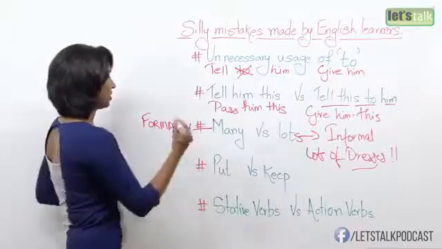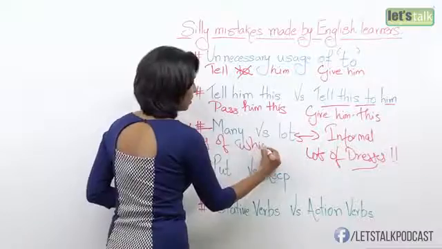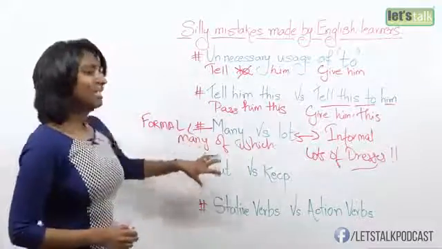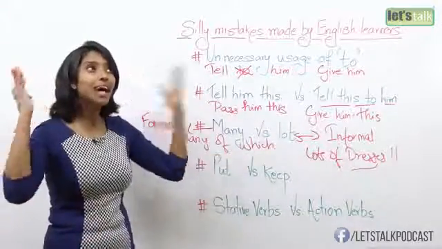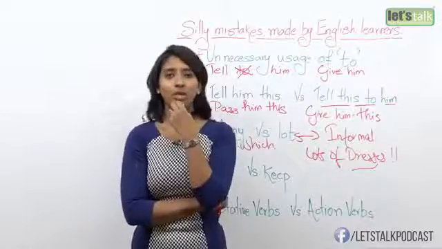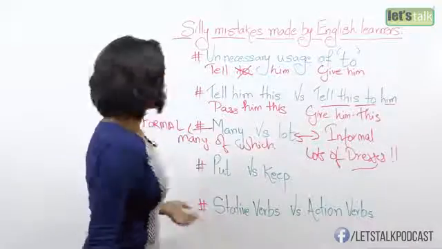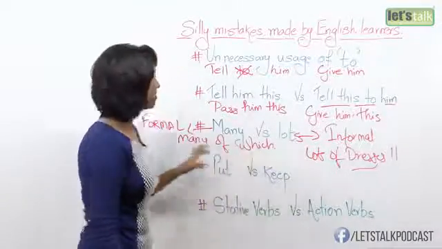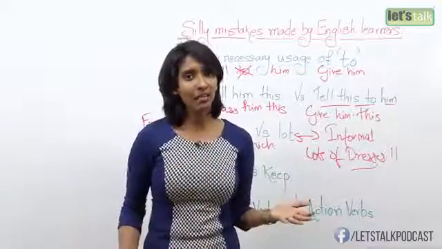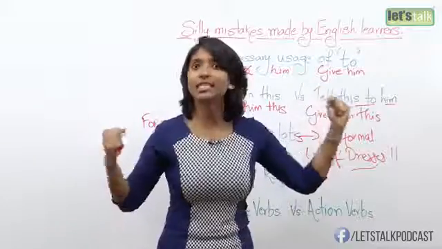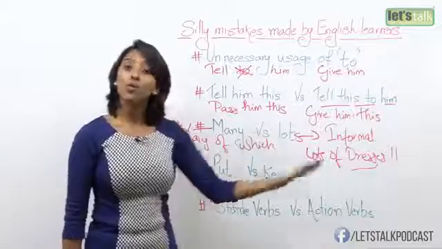Many of which. Now here I'm taking a reasonable portion of this lot. So many of which, where I can count, maybe out of the 20,000 dresses, I have 10 dresses which are white in color, or 15 dresses which are white in color. So lots of dresses, many of which are white in color. Or there are lots of people who believe that music is the best way of bringing peace. Many of them love rock music.